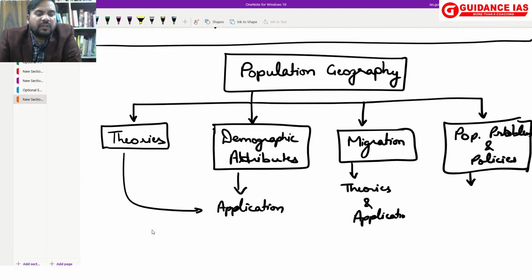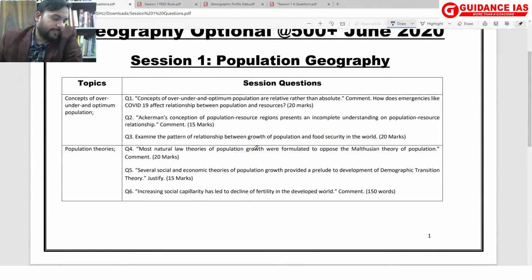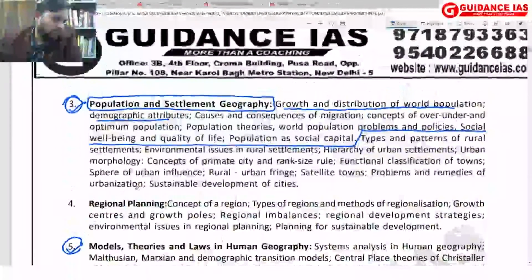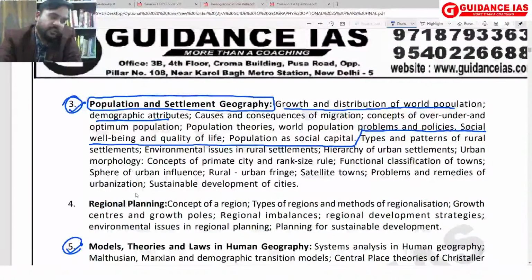For example, the objective of any population policy is what? To achieve, I'll show you. Like for example, you see social well-being and quality of life. Can I say it is the objective of any population policy? Yes or no? To make higher the social well-being and quality of life of the people?